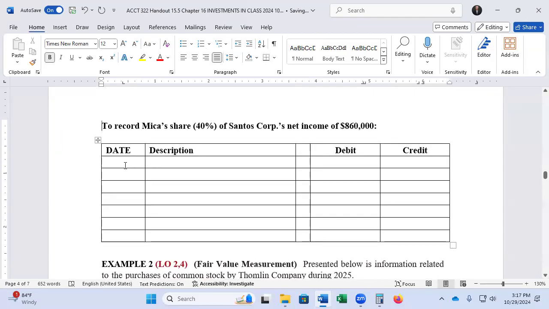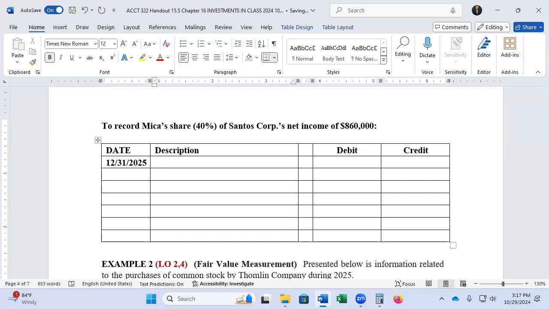Okay, now we're going to record the 40% of the income, so 12/31/2025. And so we have the description. This is going to boost back up now our equity investment, as long as they make a profit, right? And the credit is going to be to investment income or revenue.